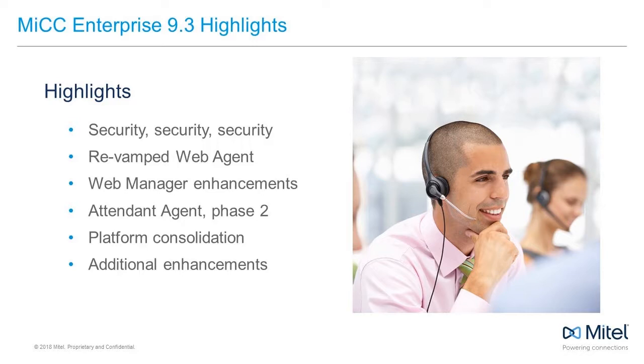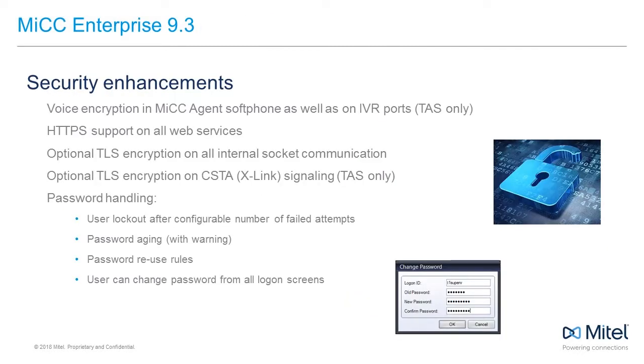Now we're in phase 2 of the evolution of the attendant agent, and I believe there's still one more phase in order for us to be completely up to speed on the agent attendant features. There was some platform consolidation that went on. We're not going to get into that today, and then some additional enhancements as well.